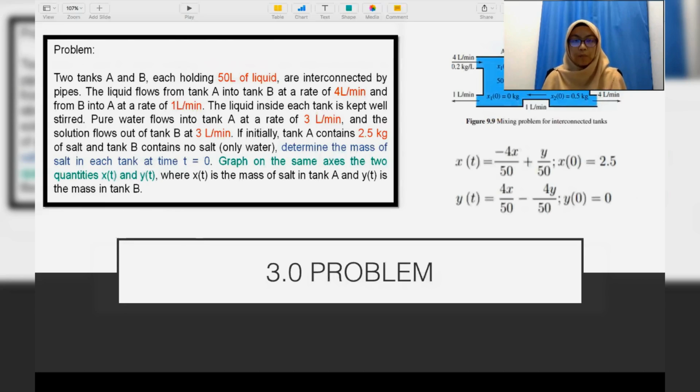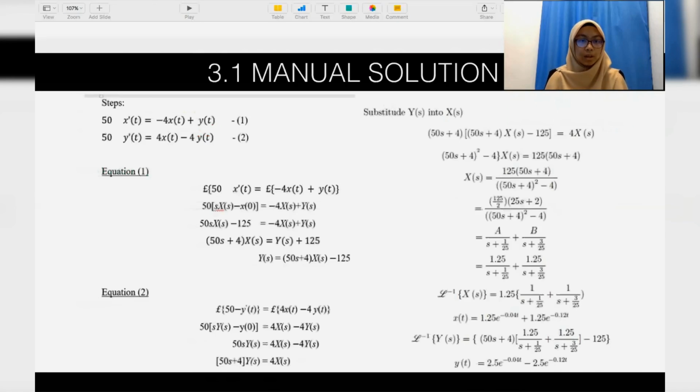From this problem, we will get these 2 equations on the right side. First, we need to perform Laplace transform on equation 1, and then we will get Y(s) equals to (50s + 4)X(s) minus 125. And then we perform Laplace transform for equation 2.